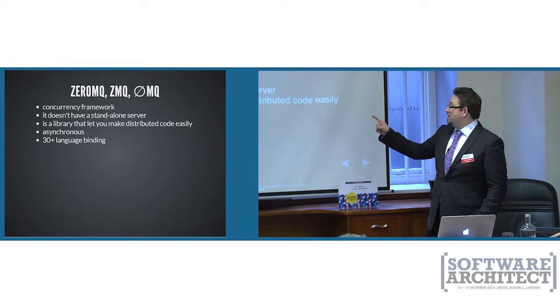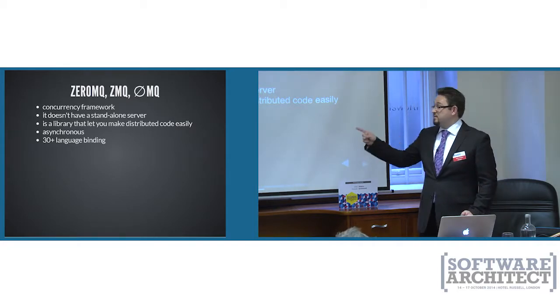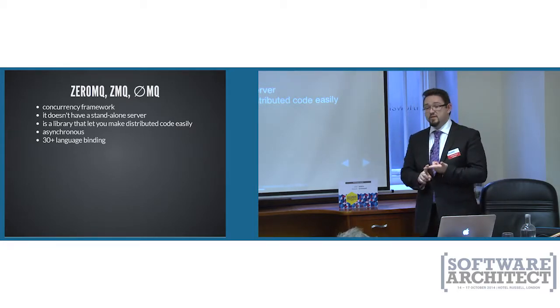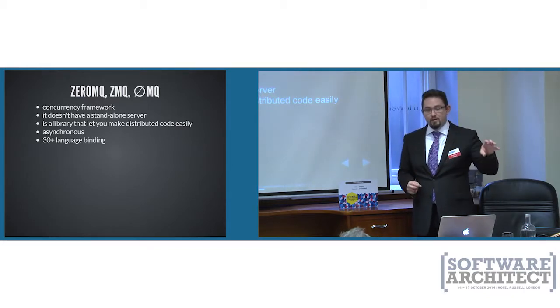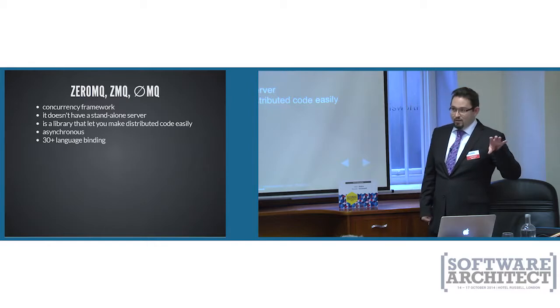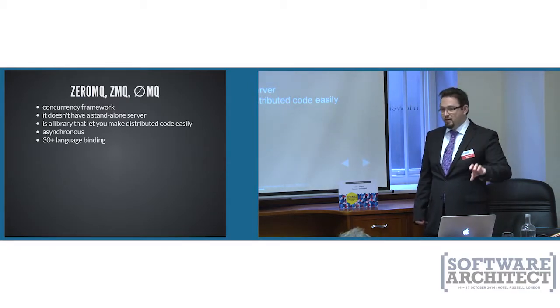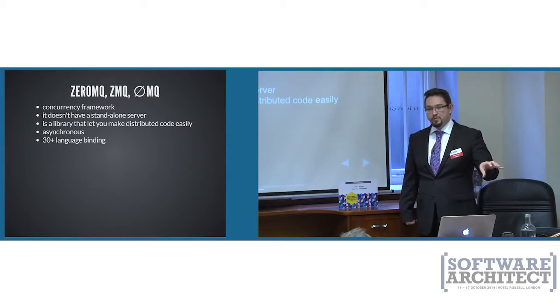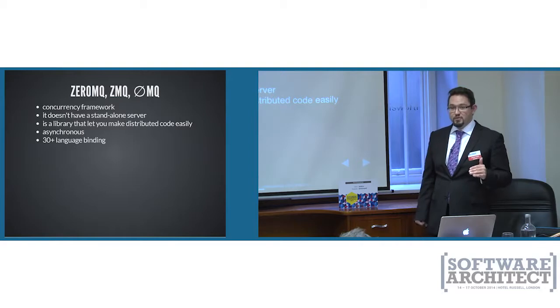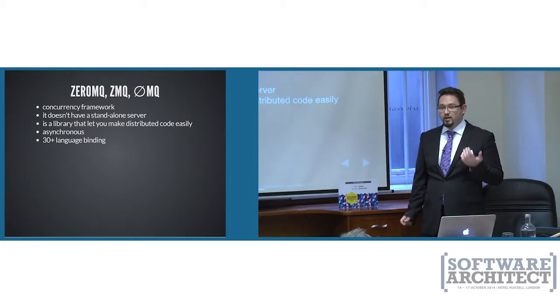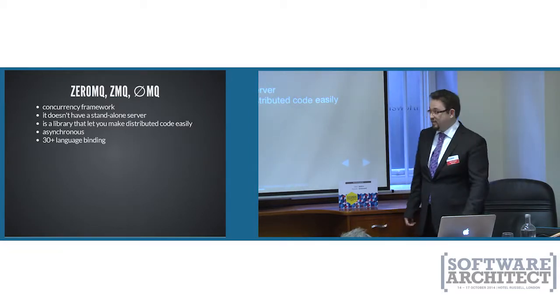One of its key attributes is that it is asynchronous, seamlessly. So when you, for example, bind to a port and you have a client which connects to it, the client will only connect when it transmits. And if the transmission fails, it will seamlessly retry without any extra coding.